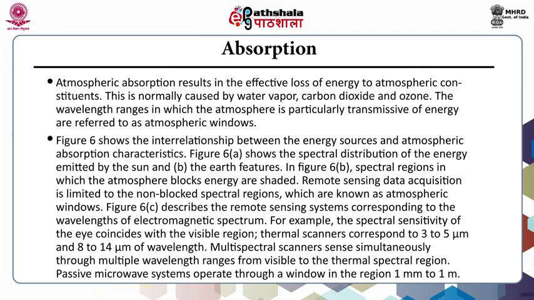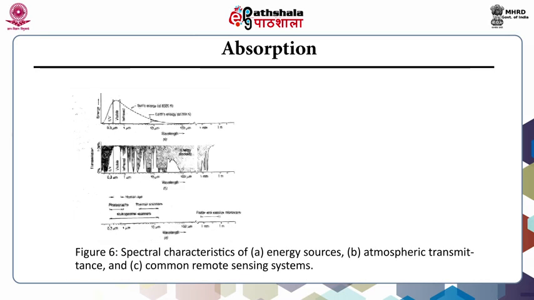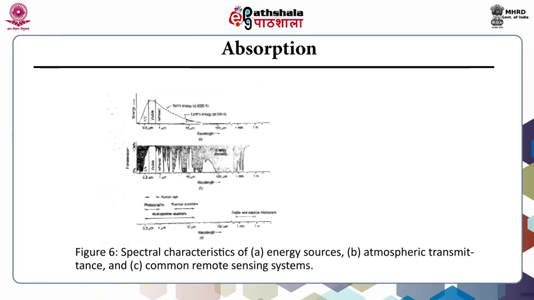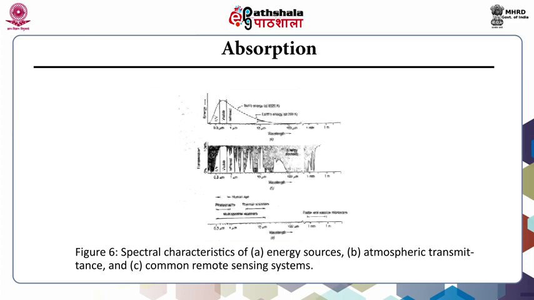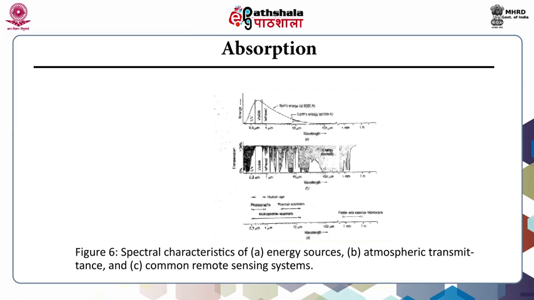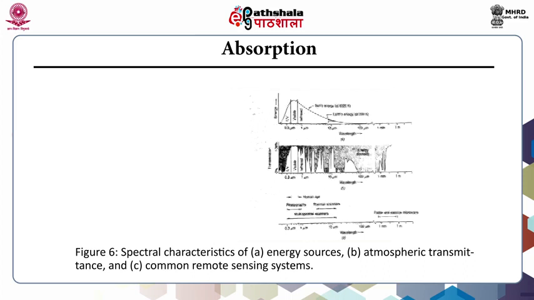Thermal scanners correspond to 3 to 5 micrometer and 8 to 14 micrometer of wavelength. Multispectral scanners sense simultaneously through multiple wavelength ranges from visible to thermal spectral region. Passive microwave systems operate through a window in the region 1 millimeter to 1 meter.